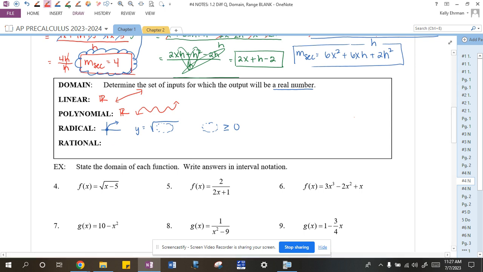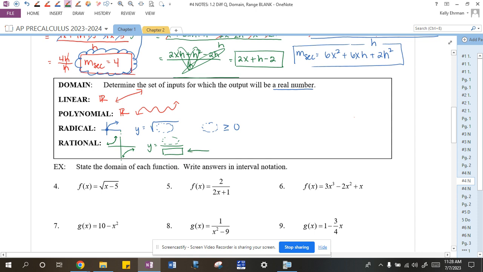Rational functions, think about those graphs. Again, we're going to get into all this graphing stuff down the road, but remember these from Algebra 2? They have vertical asymptotes, which means those are x values that never go into the equation. So when you have some sort of expression divided by some sort of other expression, it's the denominator that can mess things up, right?